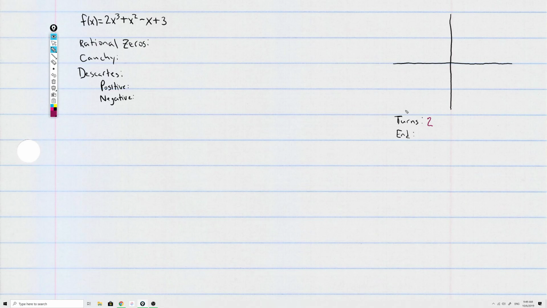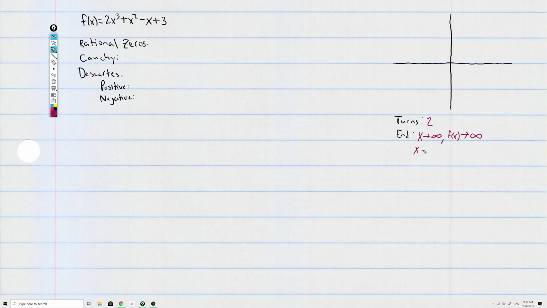And then for the end behavior, we use the leading term test, so I just look at the first term, 2x cubed, and we'll say to ourselves, well, as x goes to infinity, what happens to the function values? So we're thinking about a big positive number for x, raise it to the third power, you're still positive, multiply by 2, you're still positive. So as x goes to infinity, the function values go to infinity.